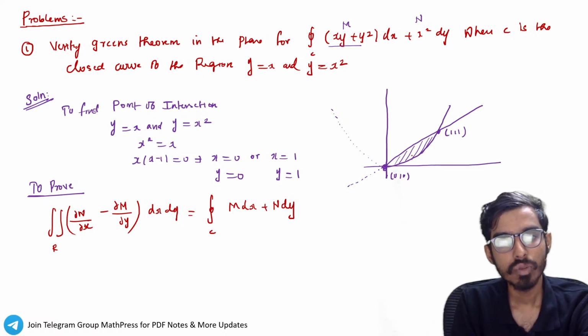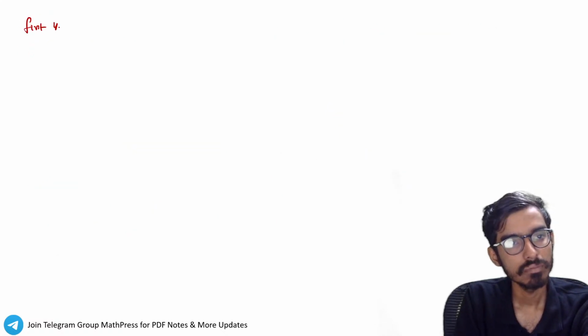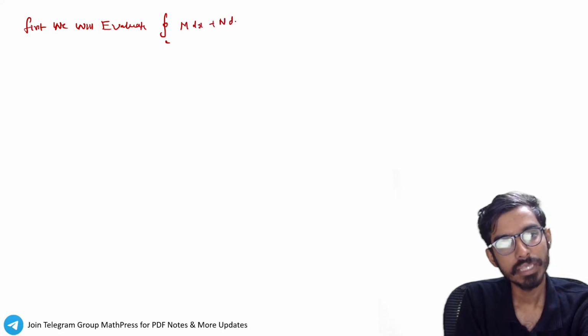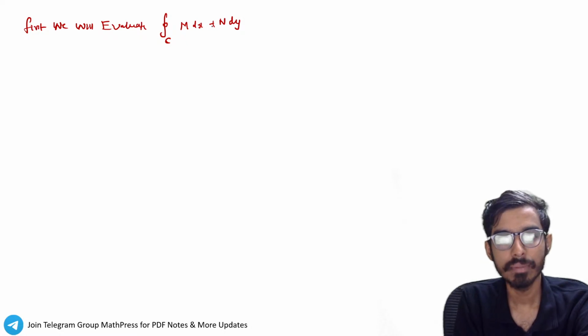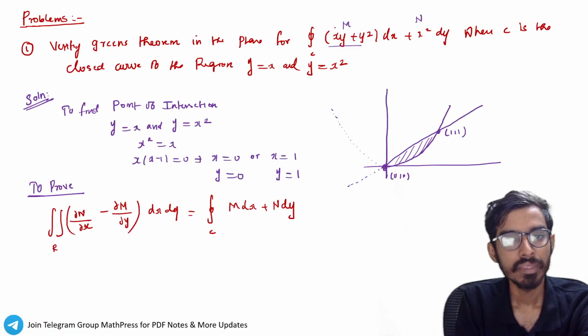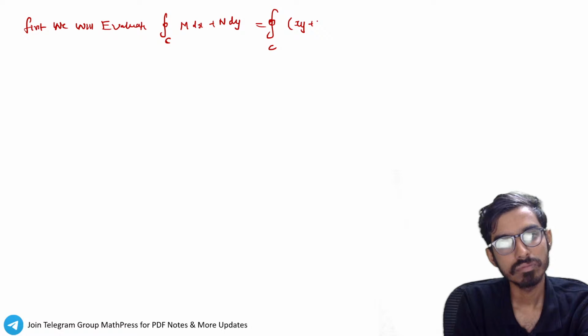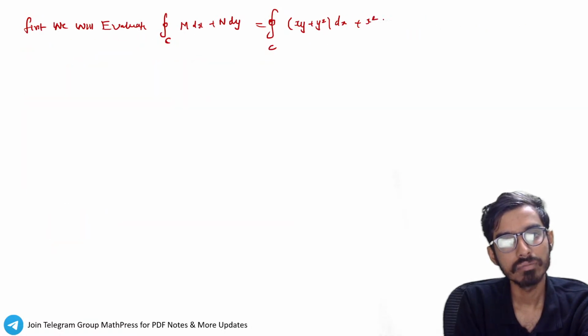Now to evaluate the line integral, first we will evaluate the integral over C of m dx plus n dy, right? We have already evaluated these types of problems. So this is the same as the closed integral over C of xy plus y square dx plus x square dy, right?